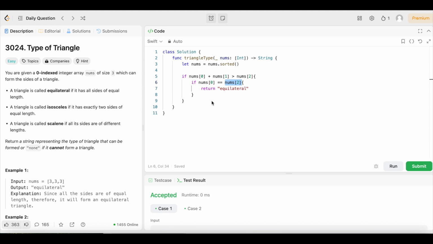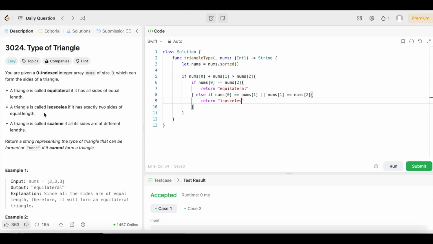Then we need to see if exactly two sides are equal, which means we have an isosceles triangle. So for that, we could say else if nums[0] equals nums[1], or nums[1] equals nums[2], then we open up the brackets and return the string isosceles.